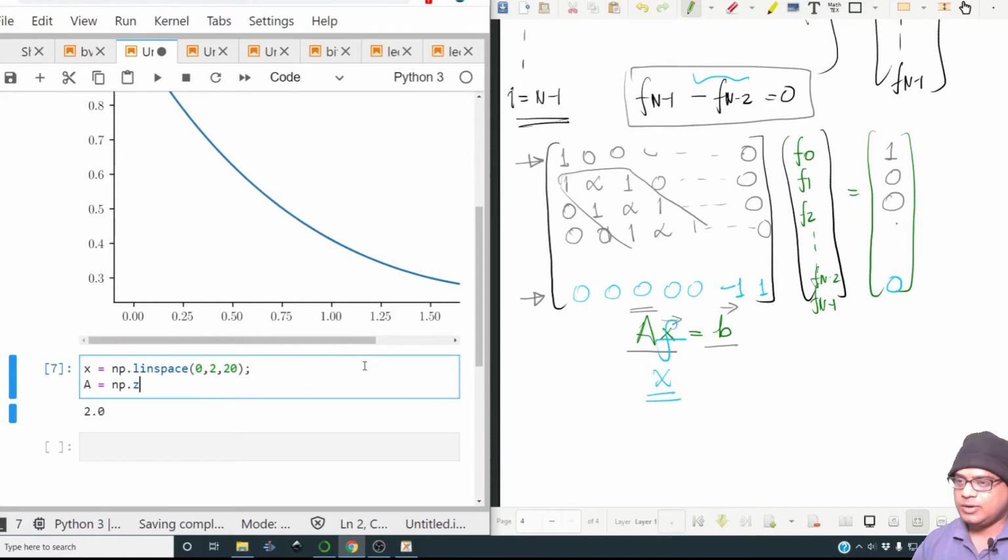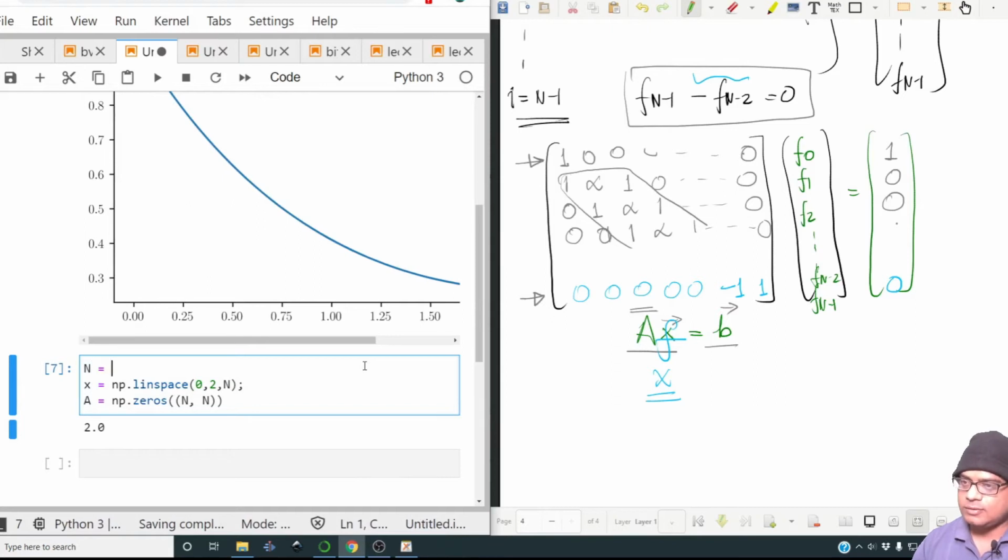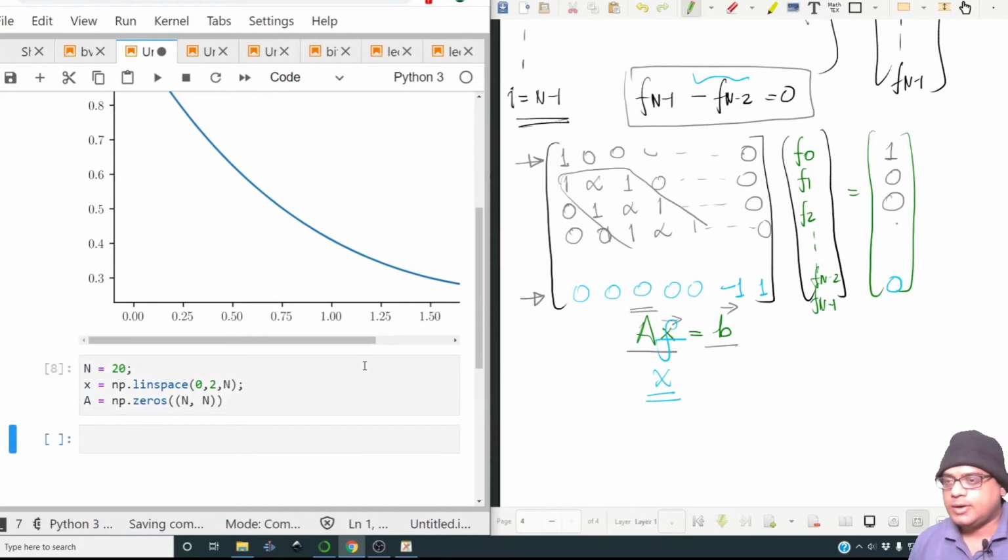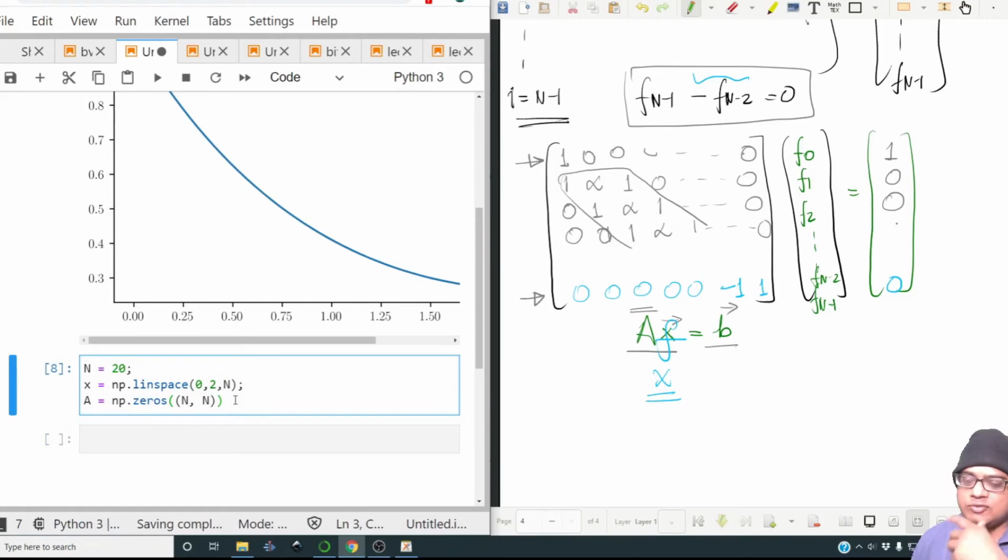So it will be np.zeros, and the size will be, let me soft code it as n, where n is the number of points. So n equal to 20. All right, great. So A has been initialized to zeros. Now what will be B? B will be np.zeros, so it's n rows and one column.